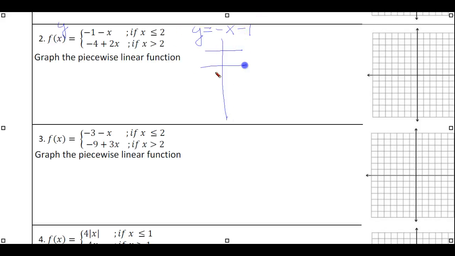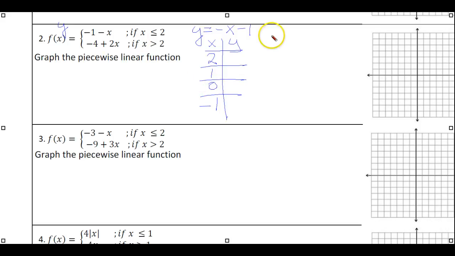All right. And our restriction here is, start our little t-chart here. It says x is less than or equal to 2. So we're going to have a 2, a 1, a 0, and a negative 1. But this gives us enough to plot it.